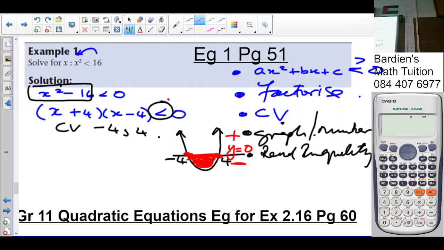If the solution was apart, I would have written the inequalities apart. You guys understand? So we write the following: x has to be greater than negative 4, and x must be less than 4. There's the solution. Something like this is worth 4 marks.